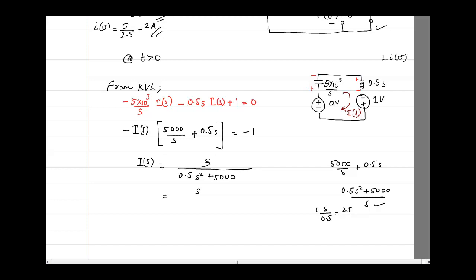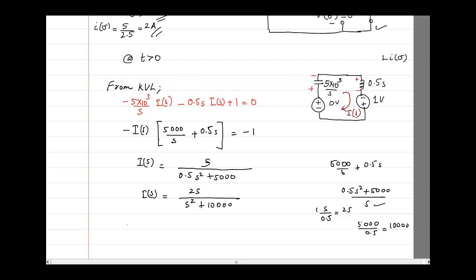Because 1 divided by 0.5 is 2. So I will write this as 2s divided by s square plus 5000 divided by 0.5, which will again come as 10,000. So plus 10,000, that is going to be our I of s.